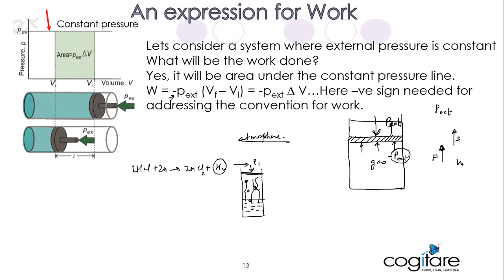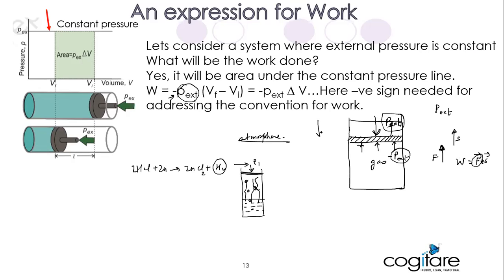What is work? Work is equal to F dot S, and cos theta is 0, so I can say F into S. But here we are taking the atmospheric pressure, P external, as reference. Therefore, when the gas is applying the force, it is opposite to the force exerted by the atmosphere.